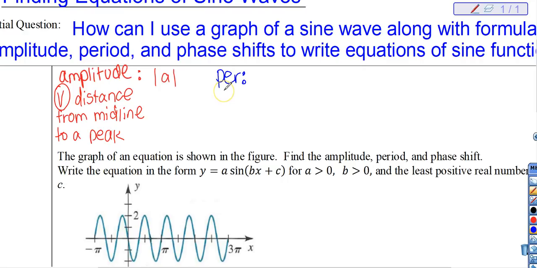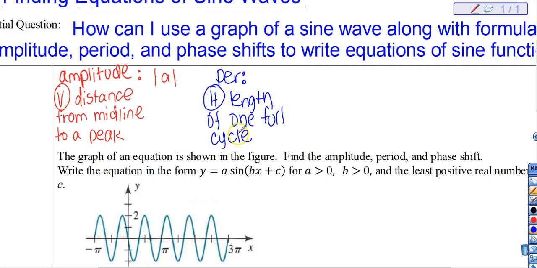The distance between two peaks or two valleys, right? So it's horizontal. So it's the horizontal length of one full cycle of the periodic function, right?